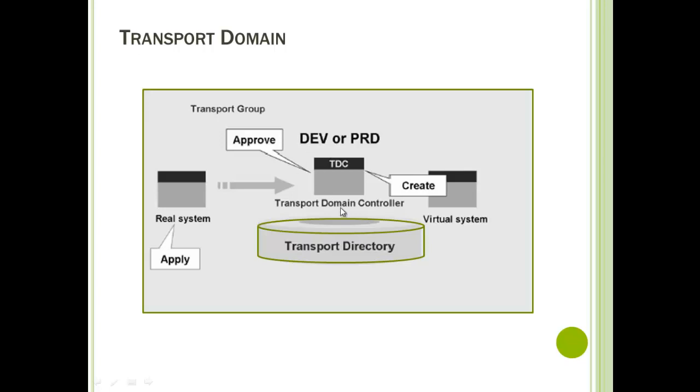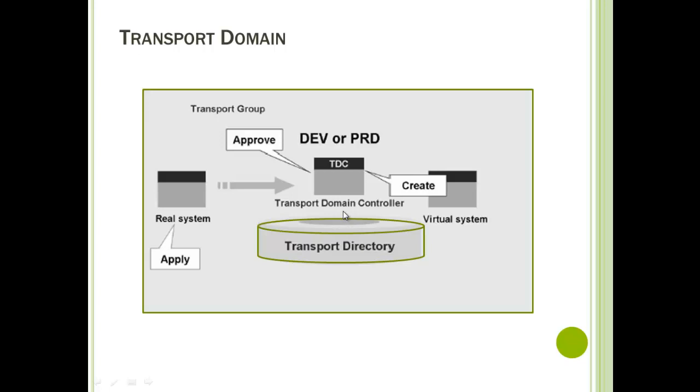As we know, the description of the transport domain controller is saved in the file domain.cfg, which is stored in our transport directory under the subdirectory bin. In the common transport directory, all other SAP systems connected to this particular transport domain should be able to read this transport directory to read the file domain.cfg.